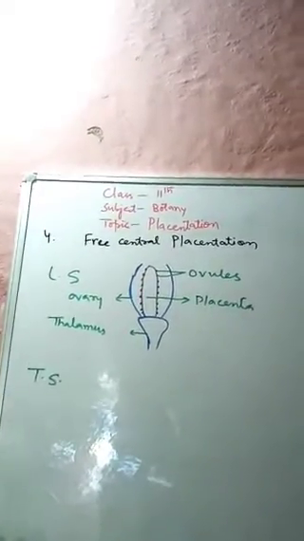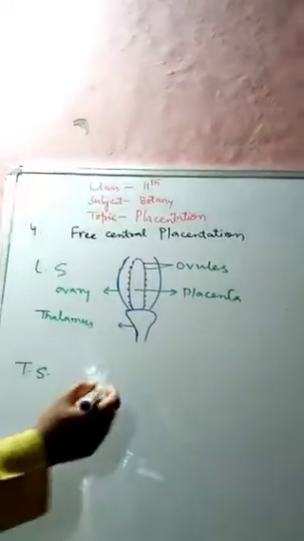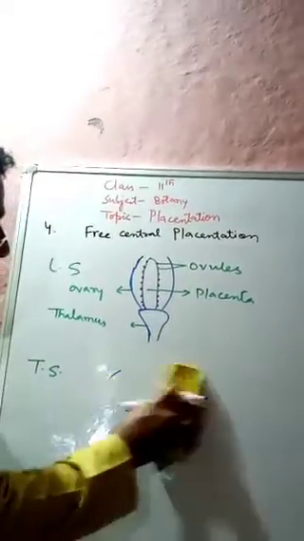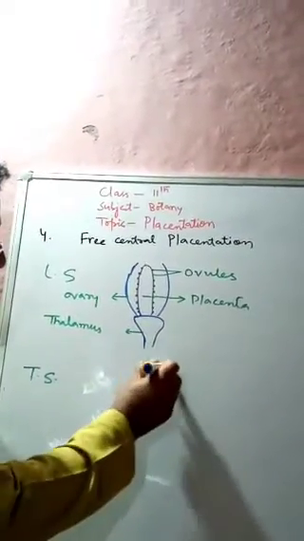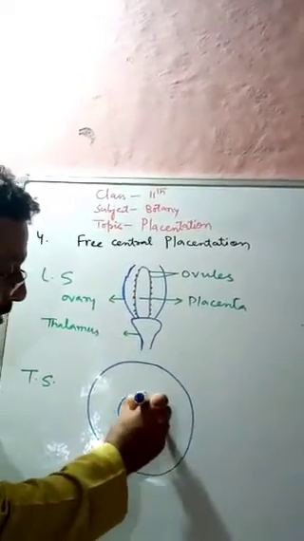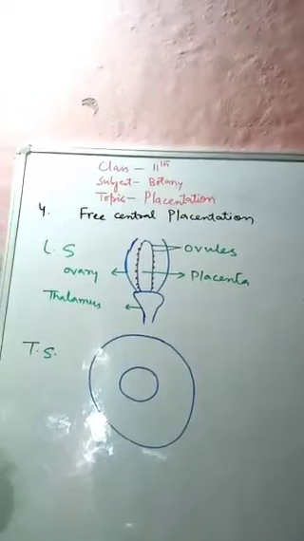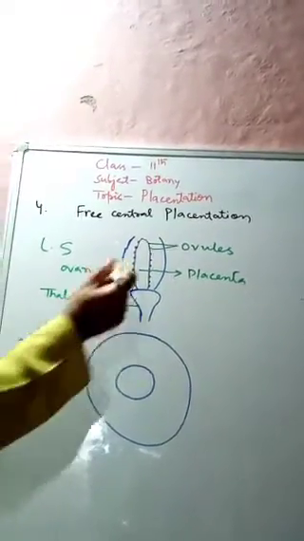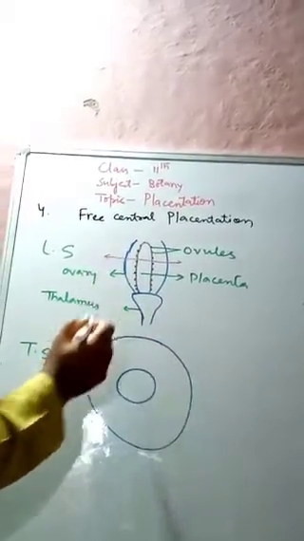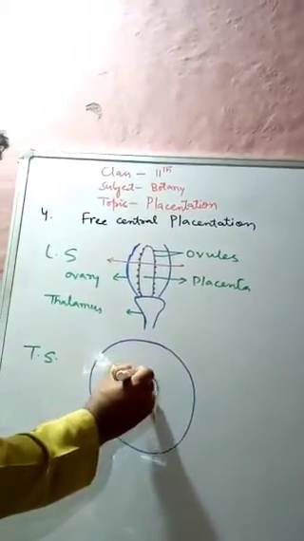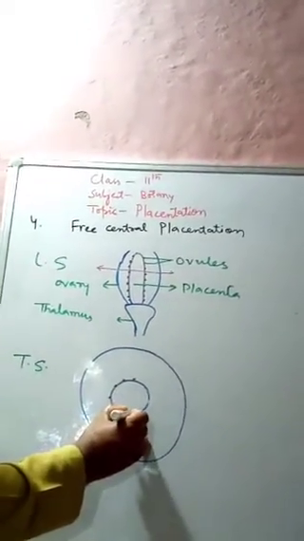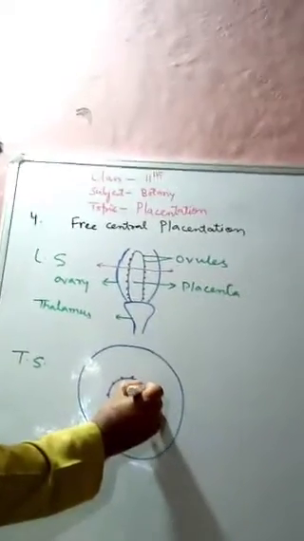Now if we try to draw the transverse section of this placenta, what will we find? This is the transverse section, and this is the placenta. The slice I have cut is like this, and to this placenta the ovules are attached, like this, like this.